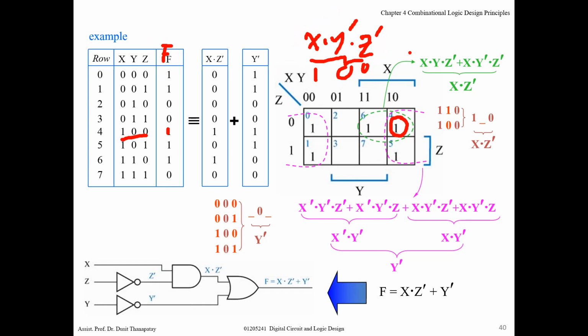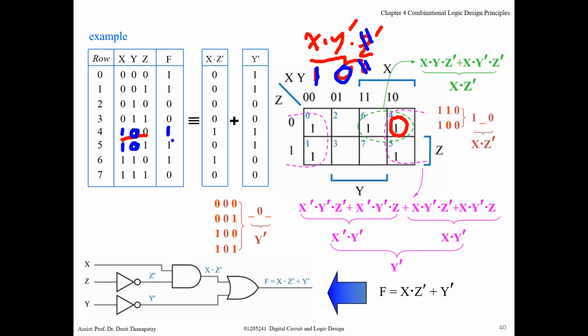And then if I remove one variable, maybe I remove z, now your product term becomes x and y prime. Namely, for the input to make this term 1, x must be 1, y must be 0, so 1, 0, 0 or 1, 0, 1.